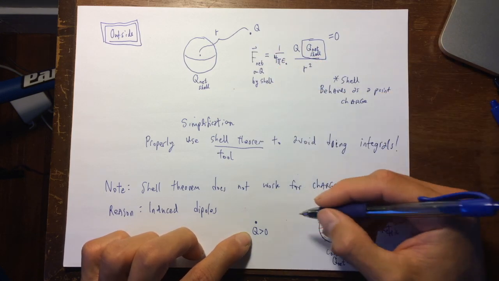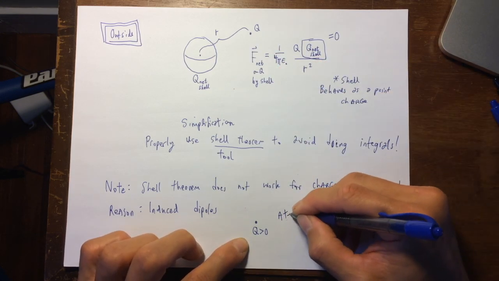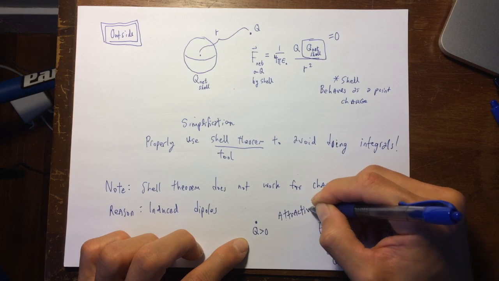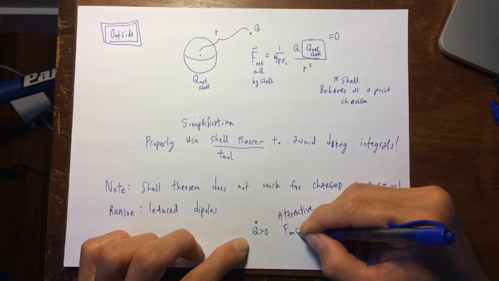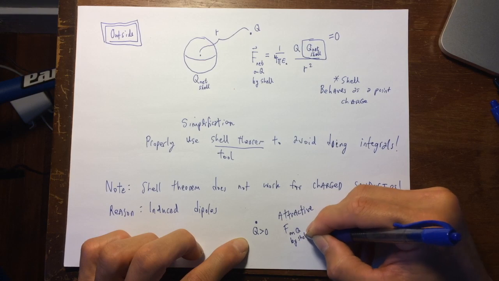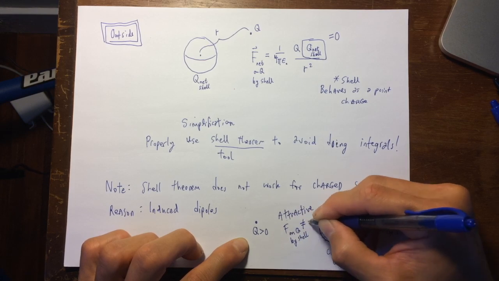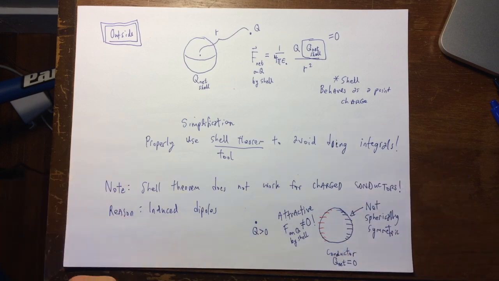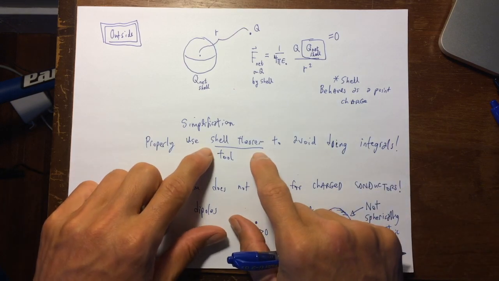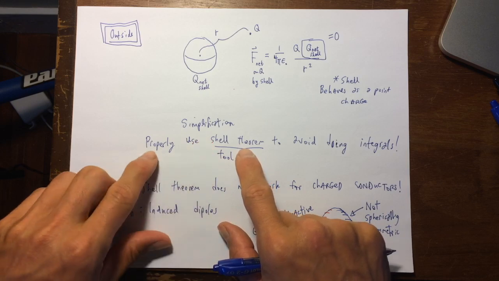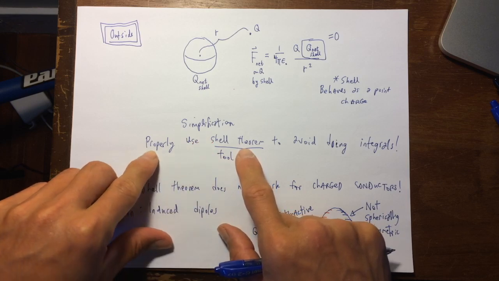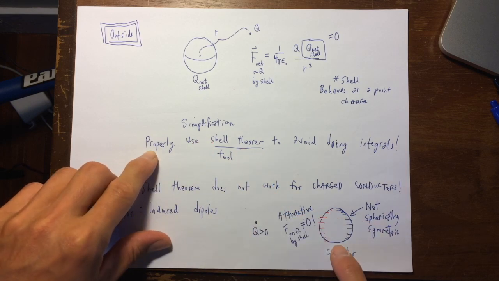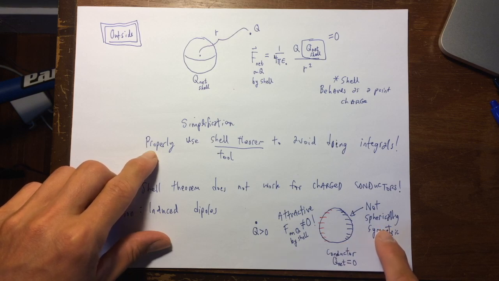But clearly, this is attractive. That is, F on Q by the shell is not 0, right? So this is a failure of the Shell theorem, but it's not a failure of the Shell theorem actually, it's a failure of a person improperly depending on the charge to remain spherically symmetric.